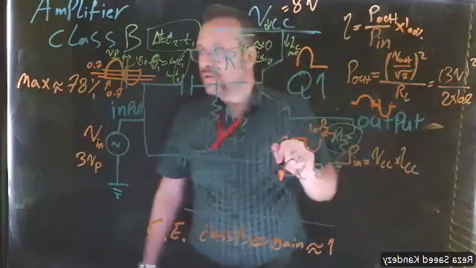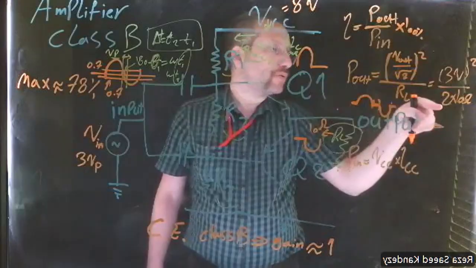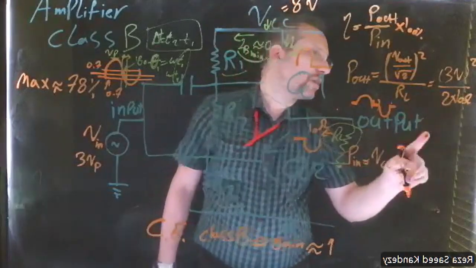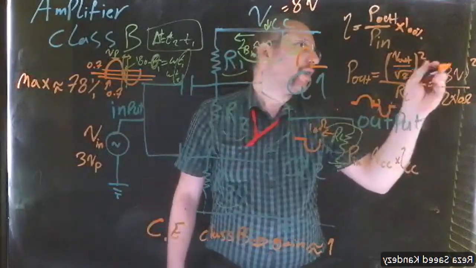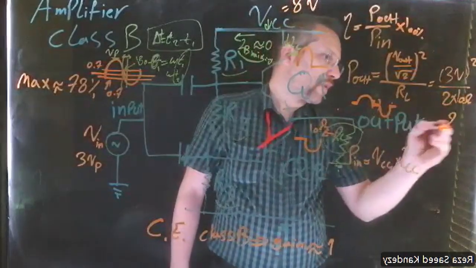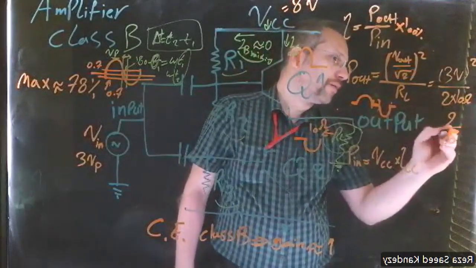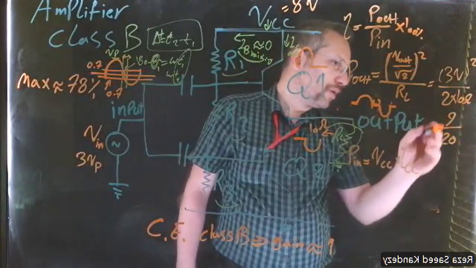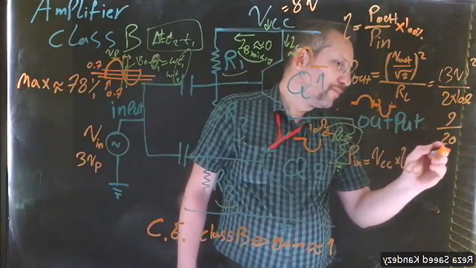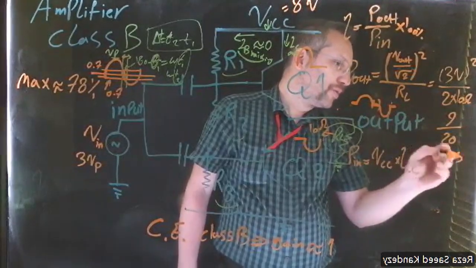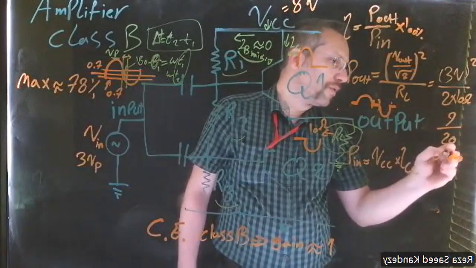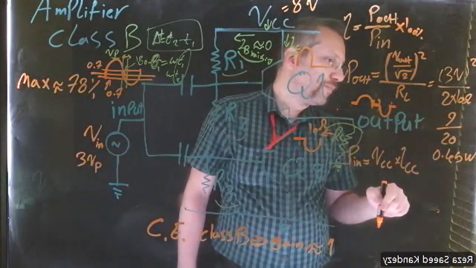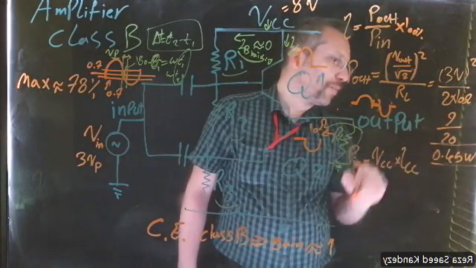So this is going to be our P out. If we calculate that, it's going to be 9 over 20, which is 0.45 watts. Okay, so this is our P out.